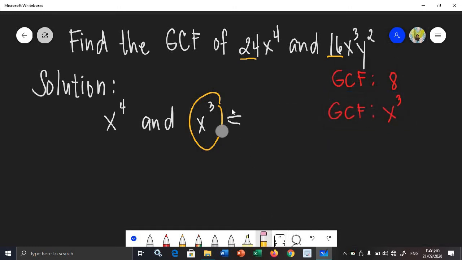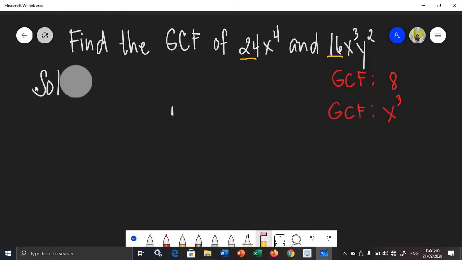So, solving this, we can now conclude that the GCF of the given, so ang answer natin ay dito na lang natin isulat. Okay?